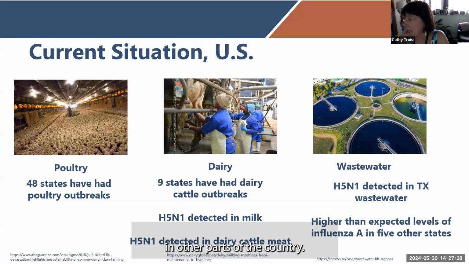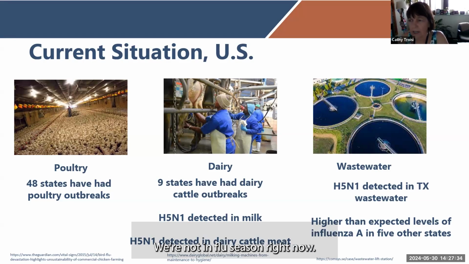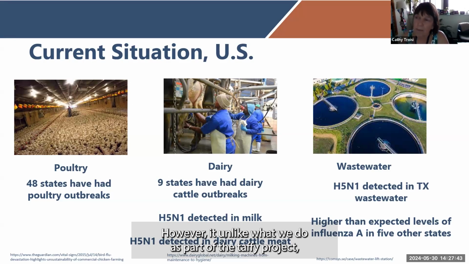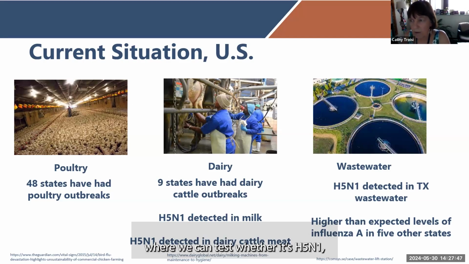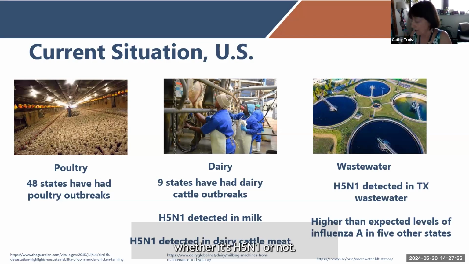In other parts of the country, we have seen influenza A in the wastewater higher than expected. We're not in flu season right now, but we have seen higher levels than we would expect. However, unlike what we do as part of the TEPHI project, where we can test whether it's H5N1, all they are testing for is influenza A, and we don't know whether it's H5N1 or not.